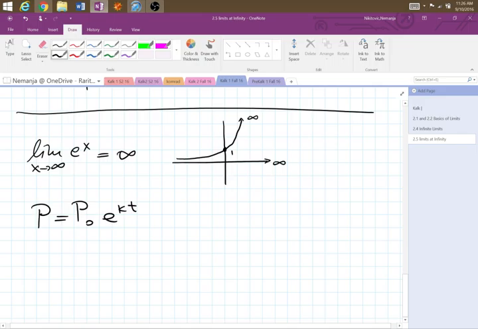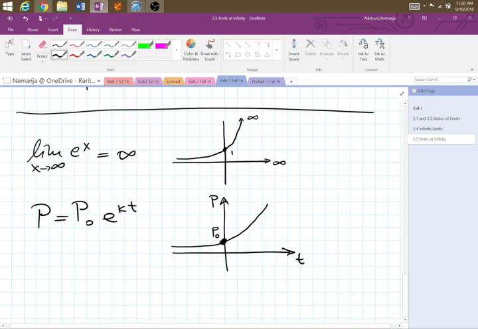Population at time t is equal to initial population times e to the kt. Now this function is exactly the graph above. This is your initial population P0, this is your time axis, and this is the population axis. So you see that the population grows exponentially as the time goes on.